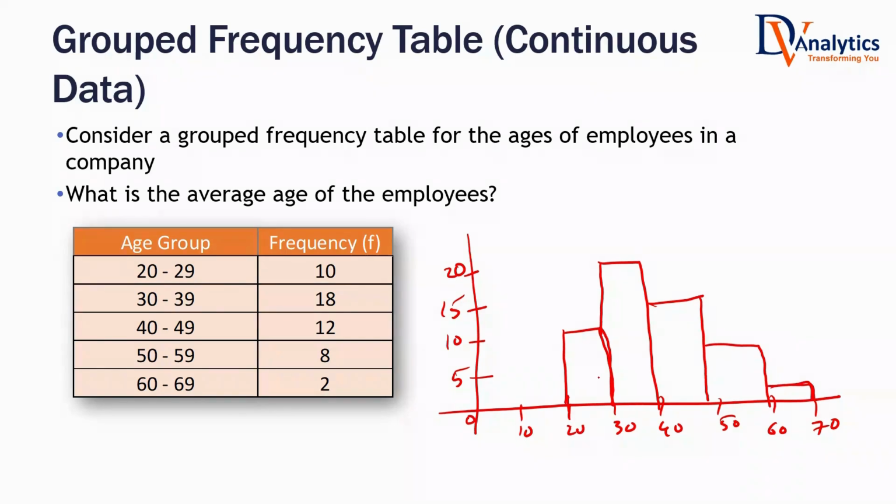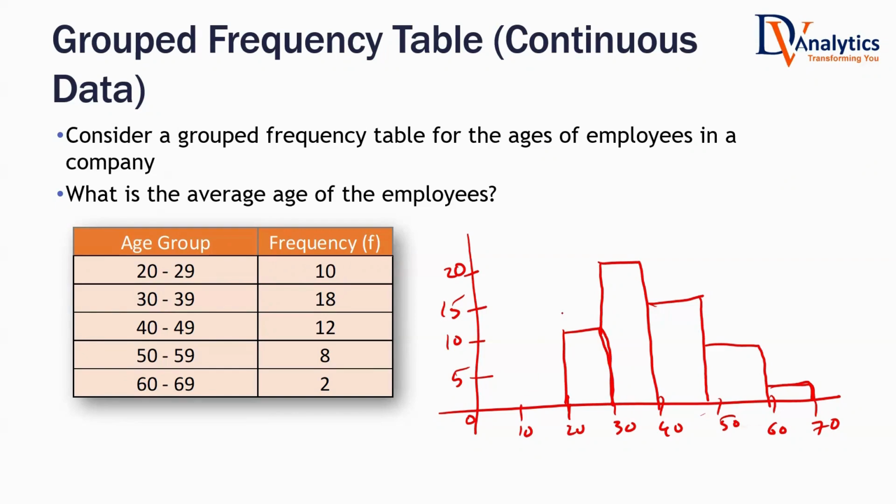Maybe the questions that you may get may be related to percentiles that we have seen. What percent of the data is below 59? Or what percent of the data is above this? Or maybe in histograms, you may get questions on skewness. Is it left skewed? Is it right skewed? Or something called kurtosis. Skewness means the curve is skewed to one side, either left skewed or right skewed. You may get a diagram of a histogram and a question asking whether it is left skewed or right skewed, or what the skewness value is.